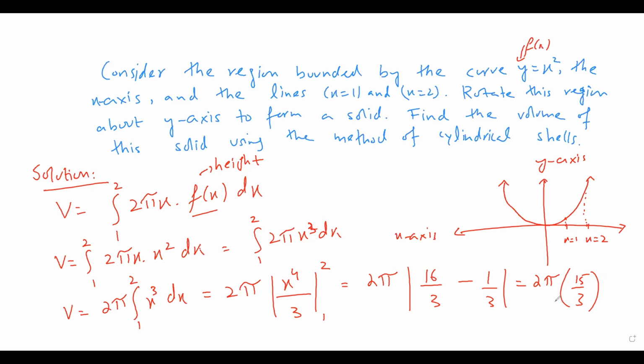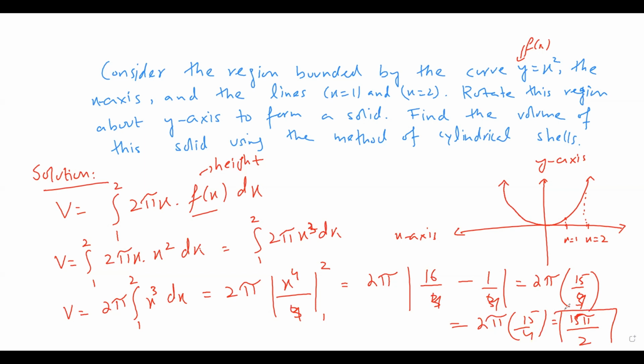Right? So here we also have 4 and 4. Okay, so this equals 2 pi times 15 by 4, which is equal to 15 pi divided by 2.